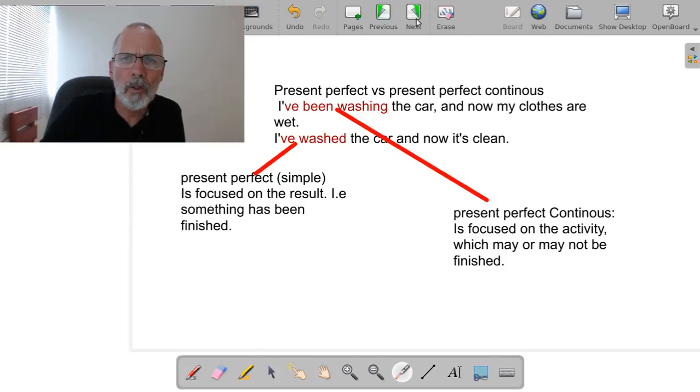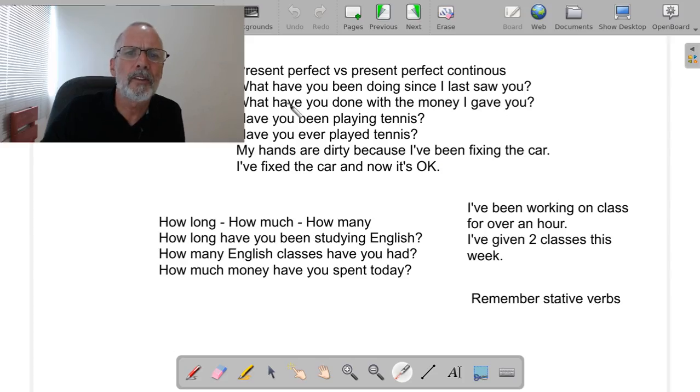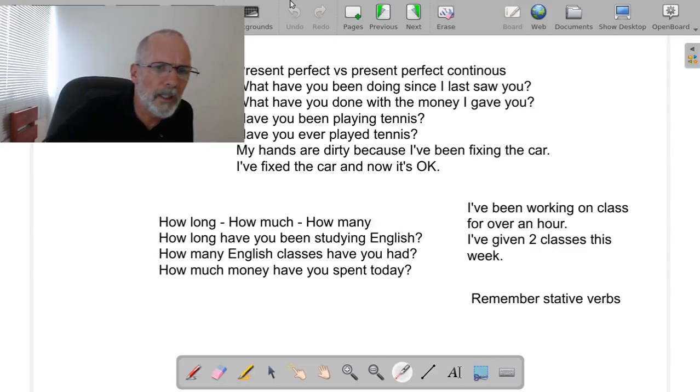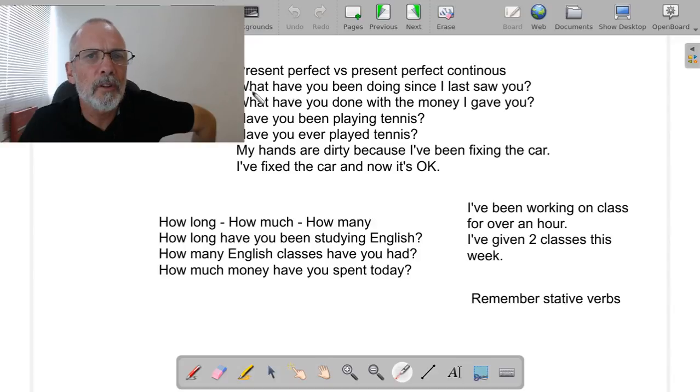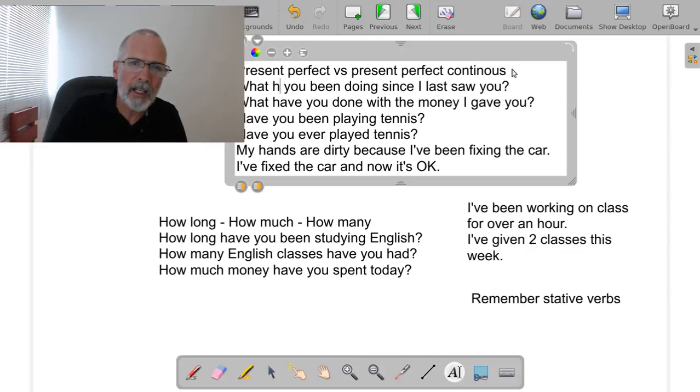Let's see if I've got some more examples of that. Here I've got some more examples to try and explain it a little bit clearer. Here we have present perfect versus present perfect continuous. What have you been doing since I last saw you? A question in the present perfect continuous. And notice that I contract that.